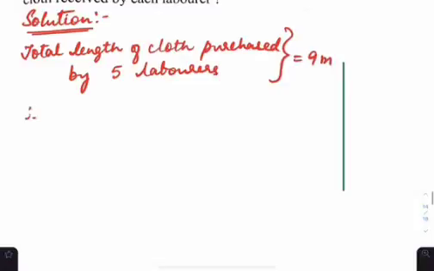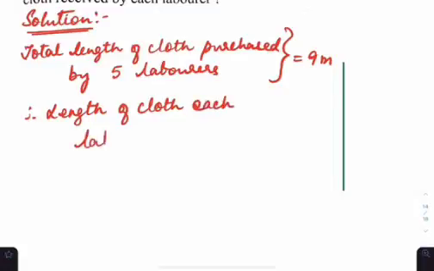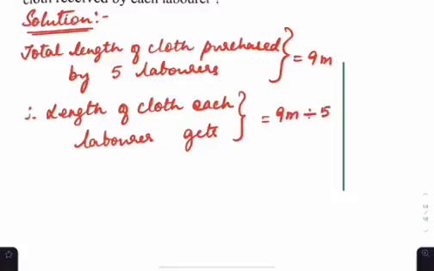Now each member, each laborer, how much does he get? Length of cloth each laborer gets is equal to 9 meters divided by 5. Now for this we will have the working done. 9 divided by 5.